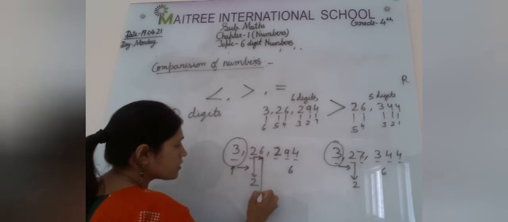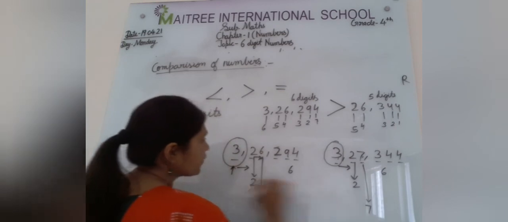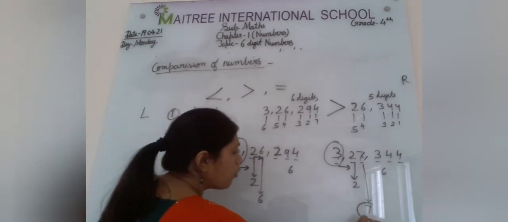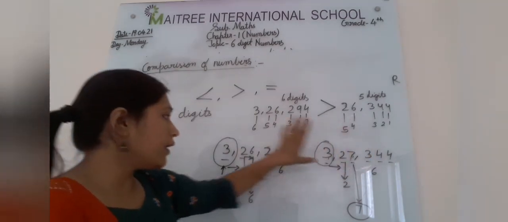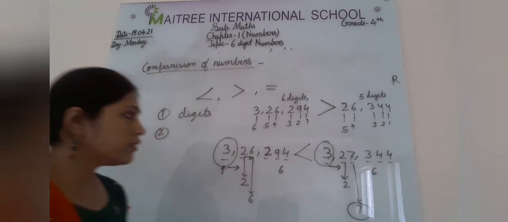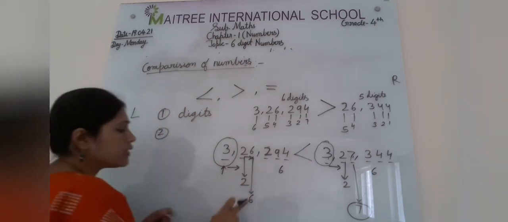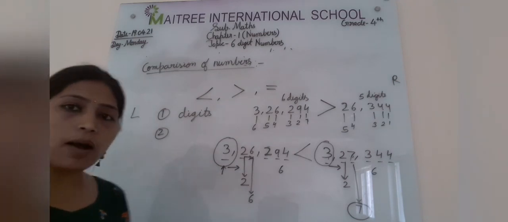Here we have 6 and here we have 7. So which number is greater here? 7 is greater than this. Clear? And in this way, if this one is also the same, then move to the next one.